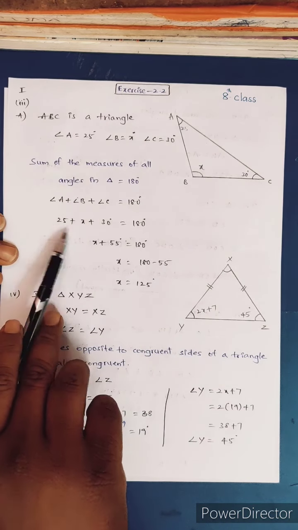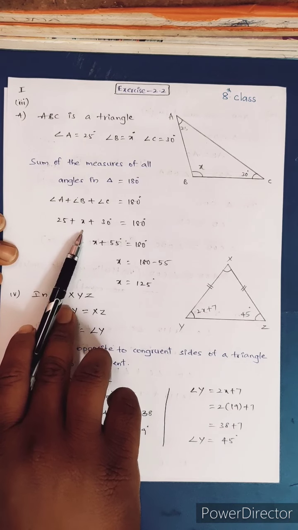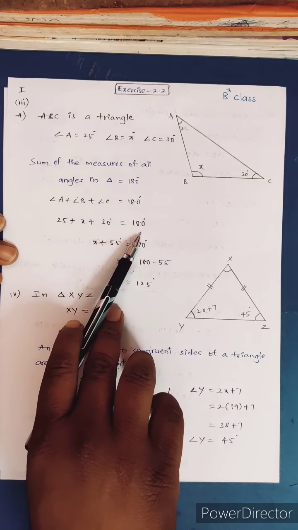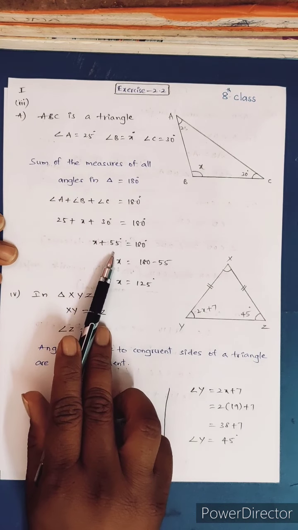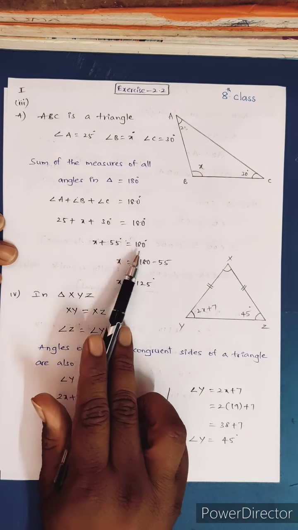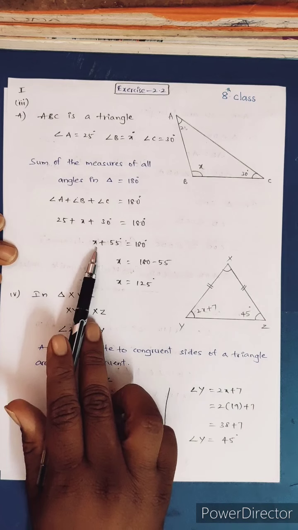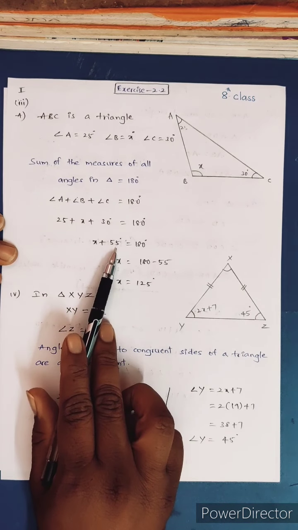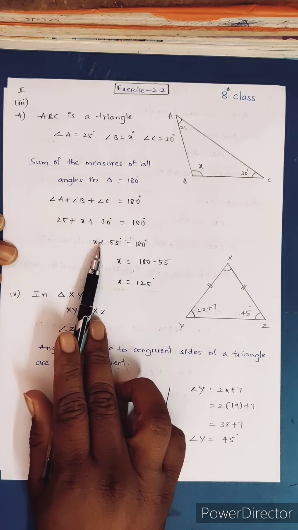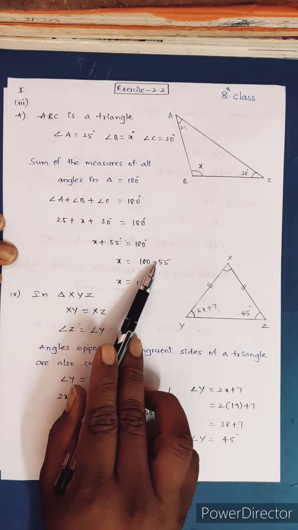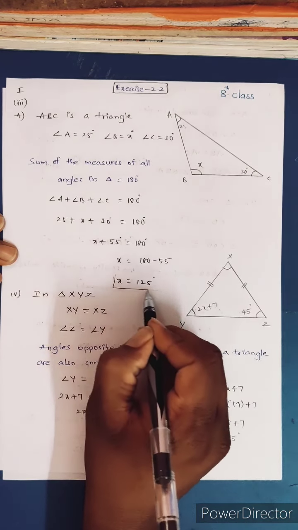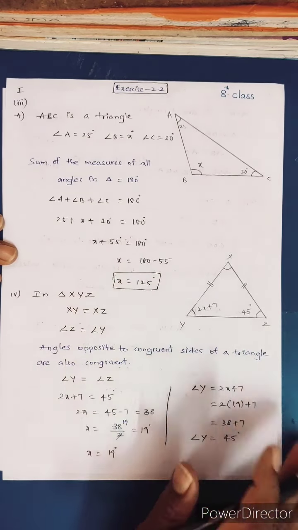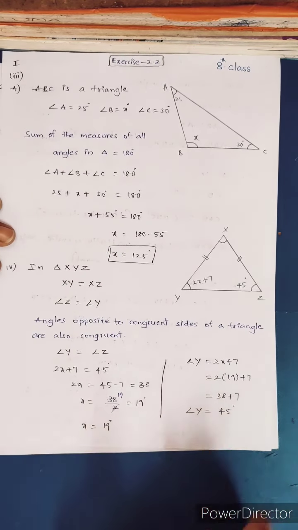Angle A is 25 degrees, angle B is x, angle C is 30 degrees, equal to 180 degrees. 25 plus 30 is 55 degrees. x plus 55 is equal to 180. To know the value of x, send this 55 to the other side. Addition becomes subtraction after transposing. 180 minus 55 is 125 degrees. So the value of x is 125 degrees.